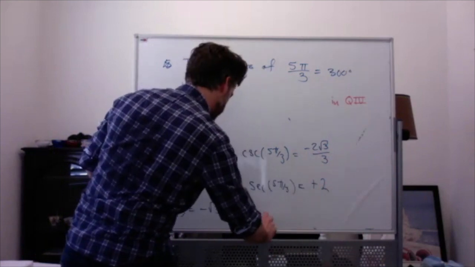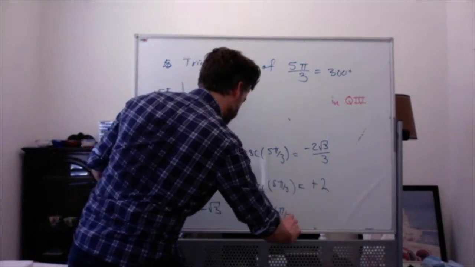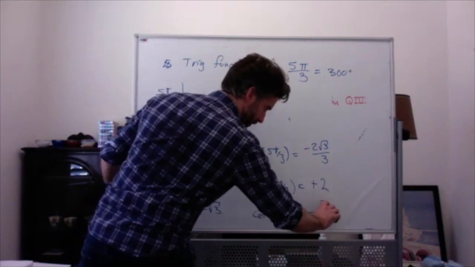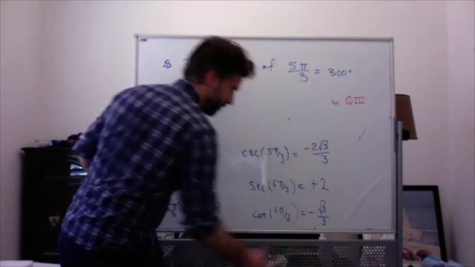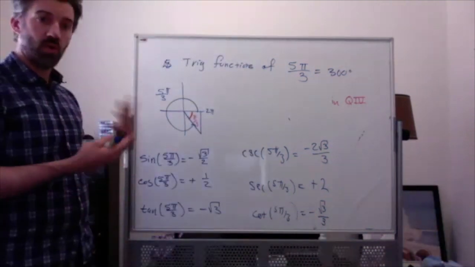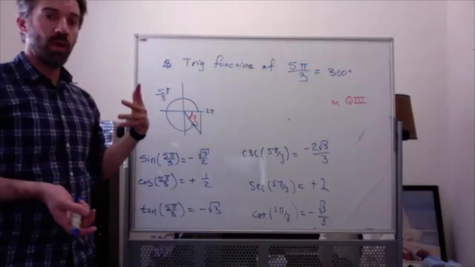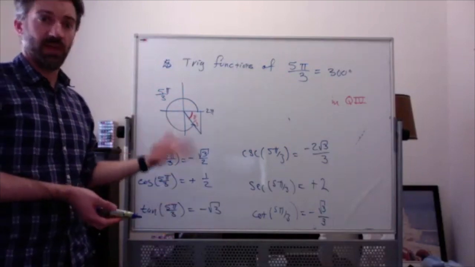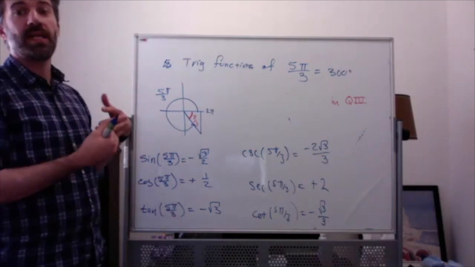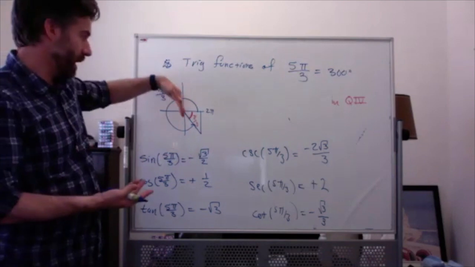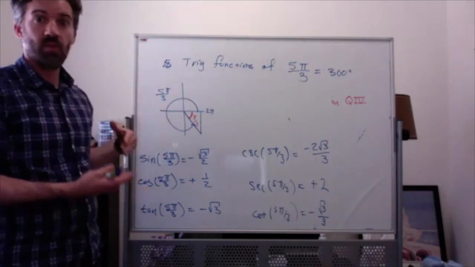And cotangent of 5 pi over 3 would be negative 1 over root 3, which is negative root 3 over 3. So we can use the special triangles combined with the quadrant we're in to determine what the values are for angles like 5 pi over 3 or 7 pi over 4, or anything where the reference angle, which is the angle you get when you measure to the x-axis, would be a special angle.